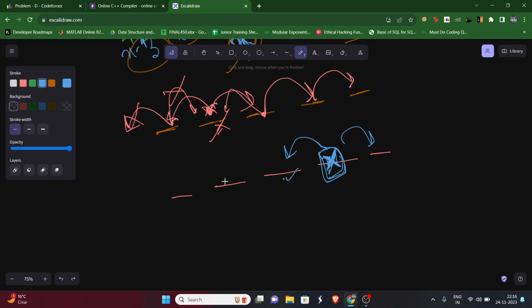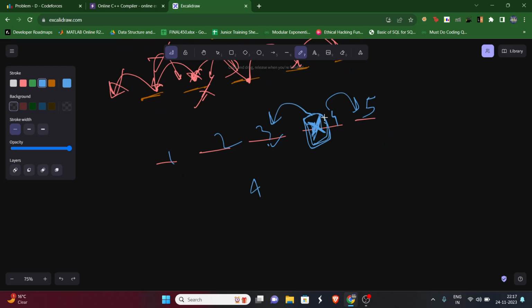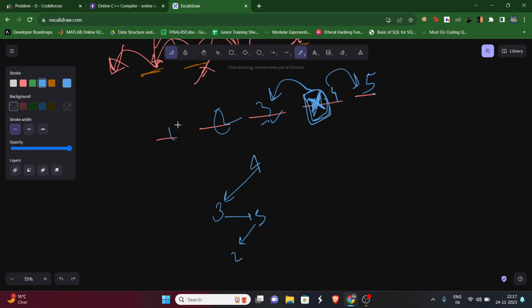So let's say these were monsters 1, 2, 3, 4, 5. What are the possibilities? Either he can choose this 4 and then choose 3, and after 3 he can choose either 2 or 5. Let's say he goes for 5, then after 5 he can choose 2, and then finally he can choose 1. This is one of the possibilities.